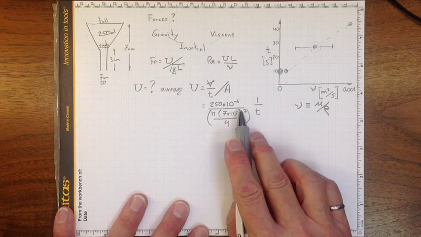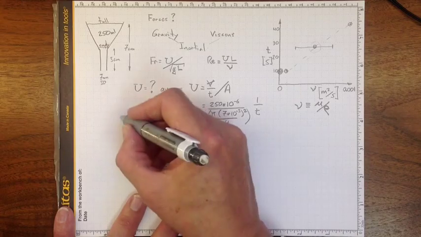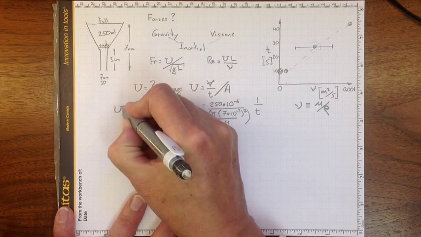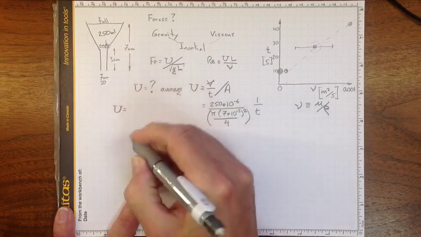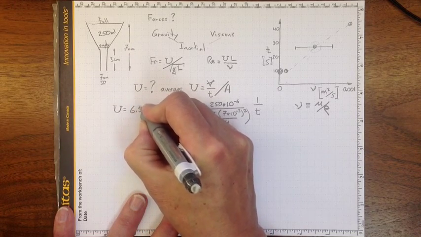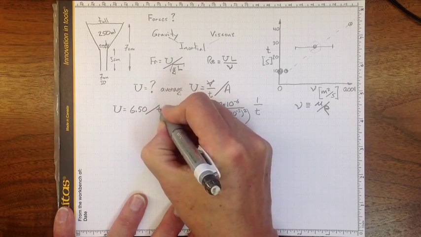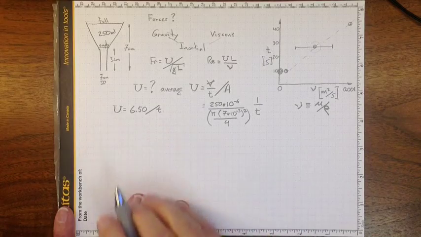That'll give us our average velocity. And if I punch all of those numbers together, that's going to give me an average velocity equal to 6.5 divided by t. So that'll give me a characteristic velocity.